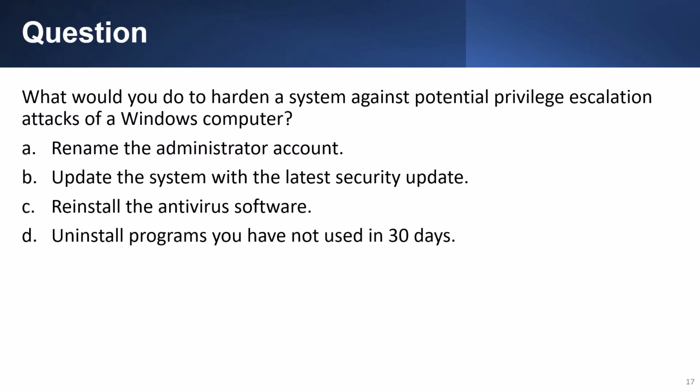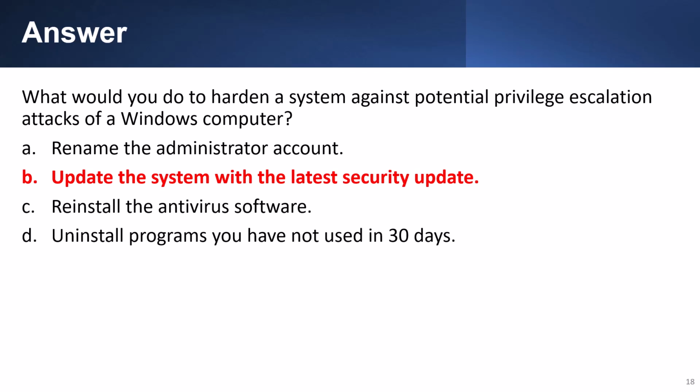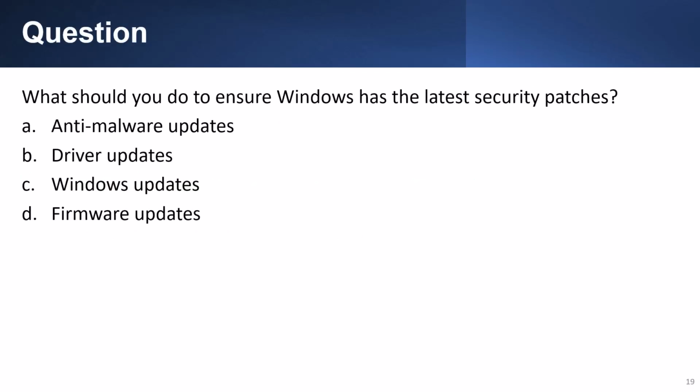Question: what would you do to harden the system against potential privilege escalation attacks of a Windows computer? Answer: update the system with the latest security update. Question: what should you do to ensure Windows has the latest security patches?